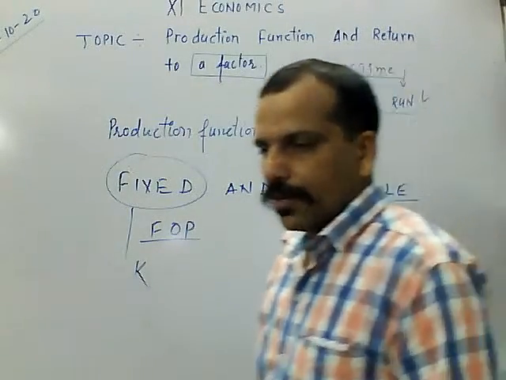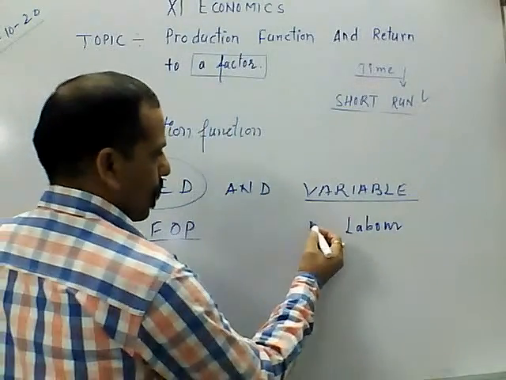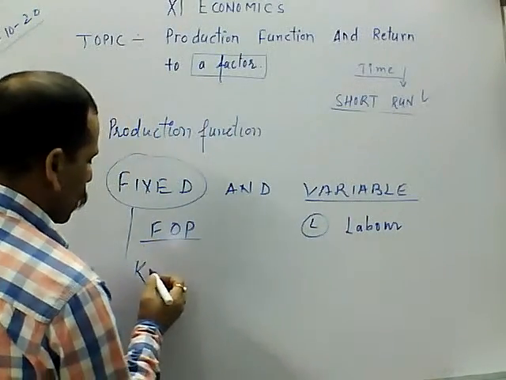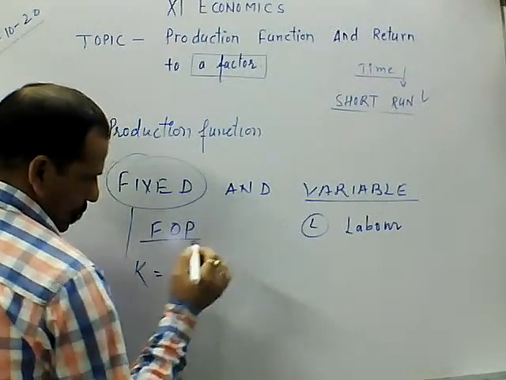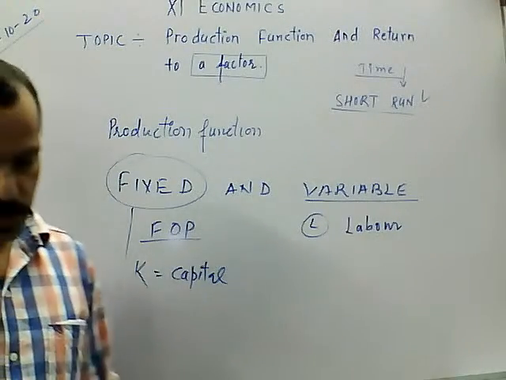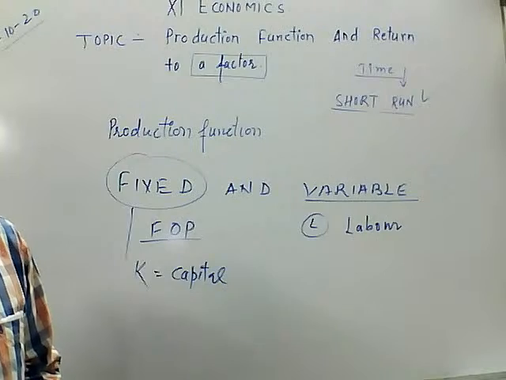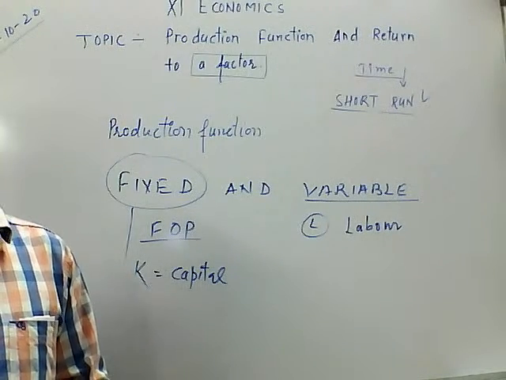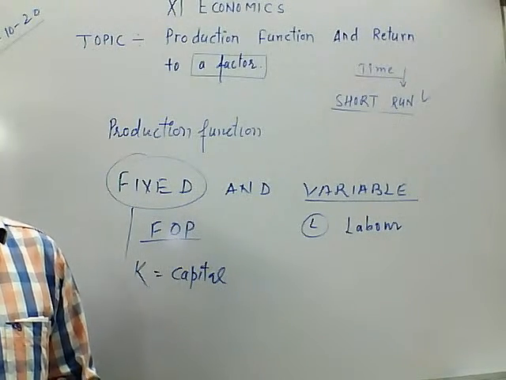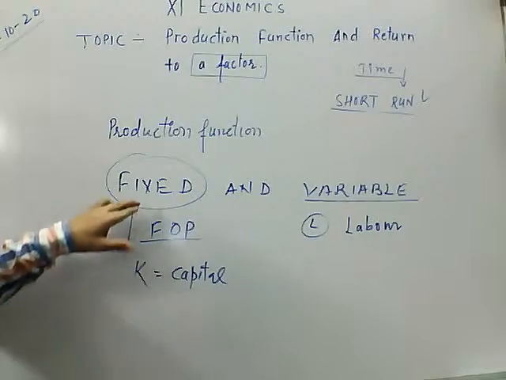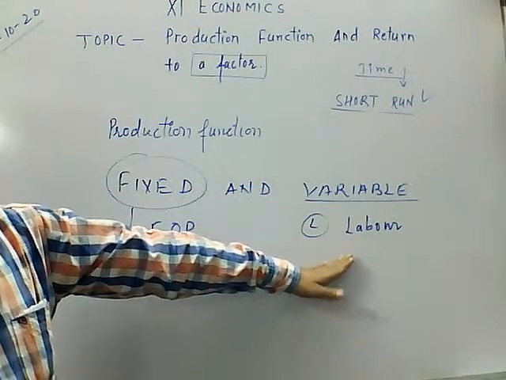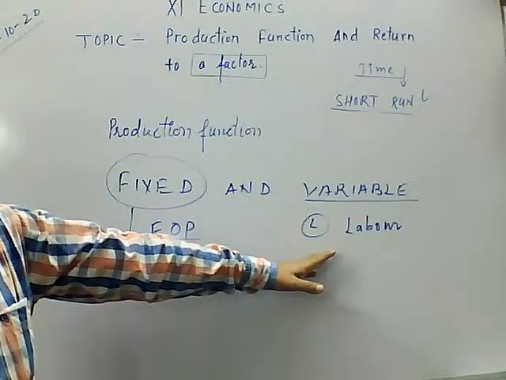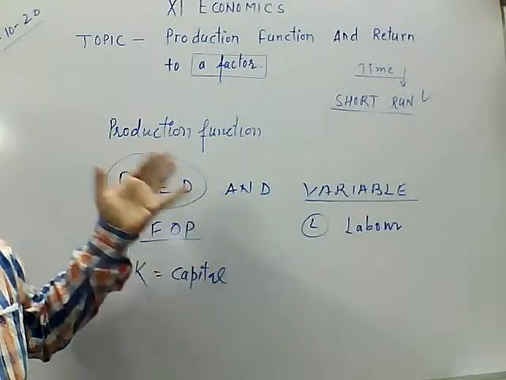Here, K for capital and L for labor. Understood? Fixed capital, variable labor. Got it? Fixed factors of production and variable factors of production.